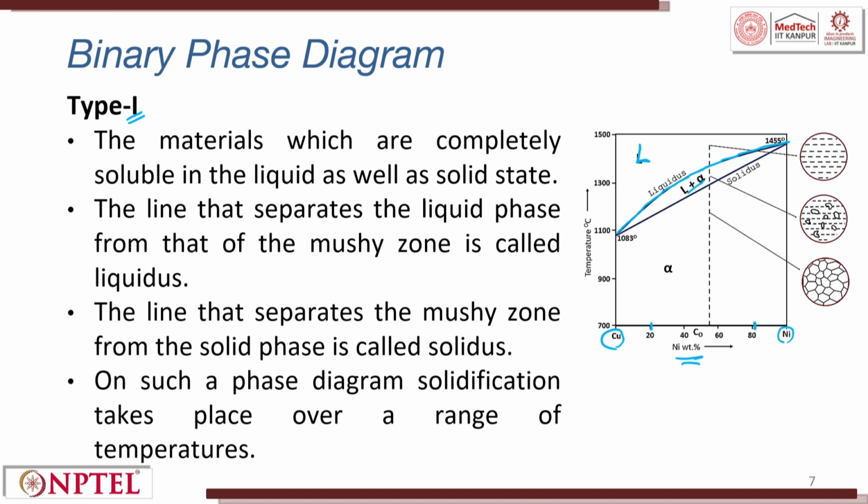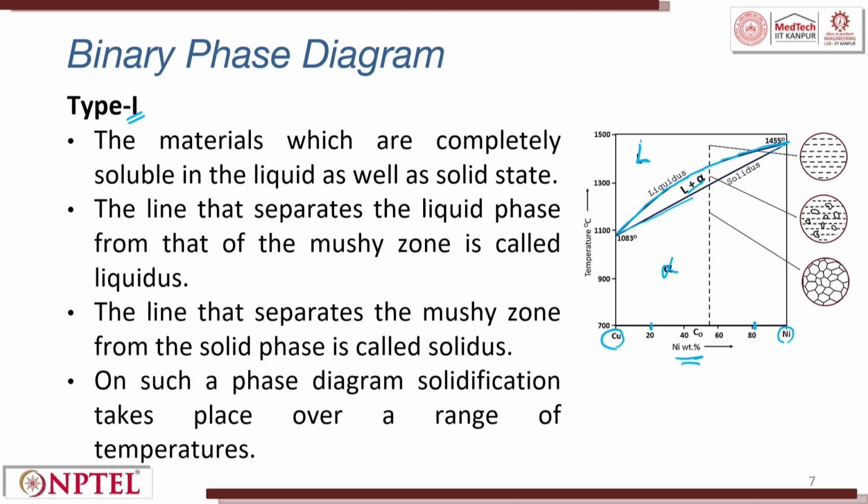This is the start of the mushy zone. The end of the mushy zone is the solidus line. Inside this mushy zone, you will always have liquid plus solid. The liquid is L, the solid is alpha, then L plus alpha is the mushy zone.